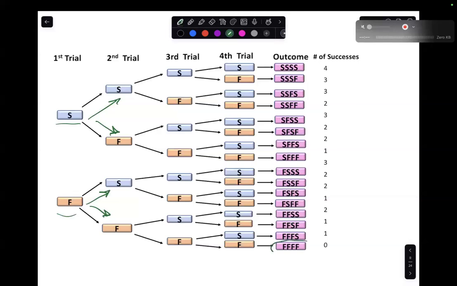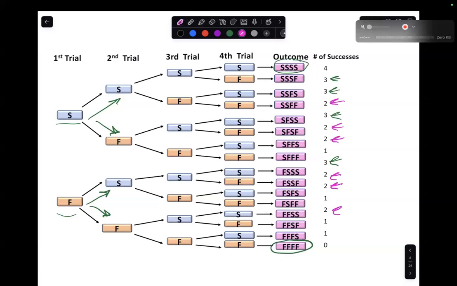Here's 4 failures. Here's 4 successes. So I have 1, 2, 3, 4 different ways to have 3 successes, and I have 1, 2, 3, 4, 5, 6 different ways to have 2 successes. You see how many different ways we can have successes and failures?